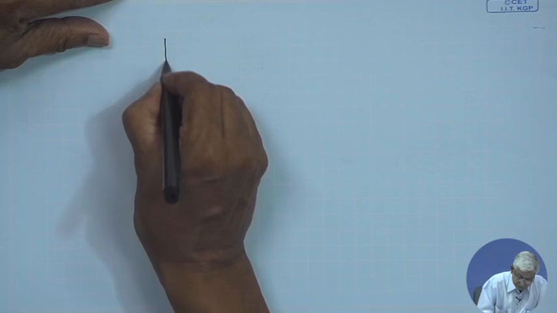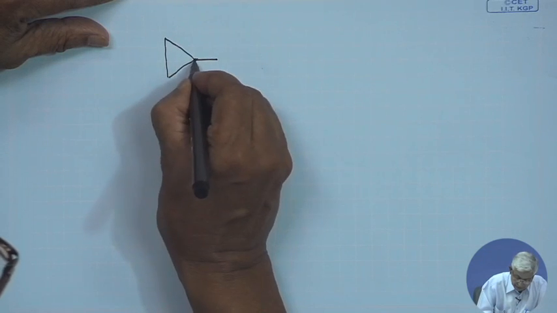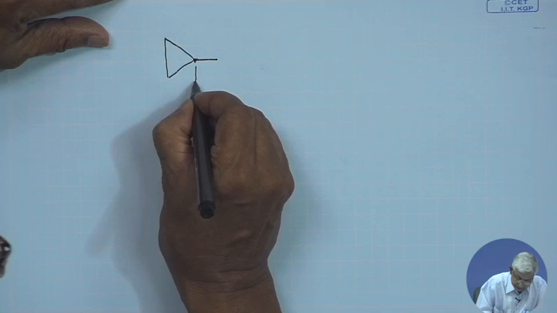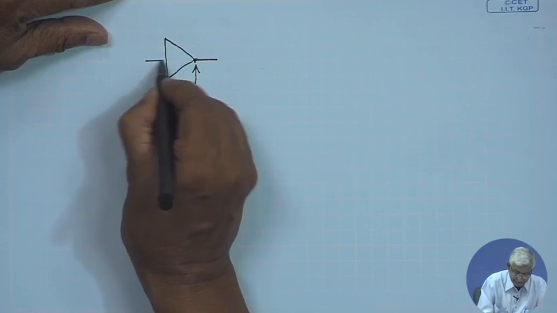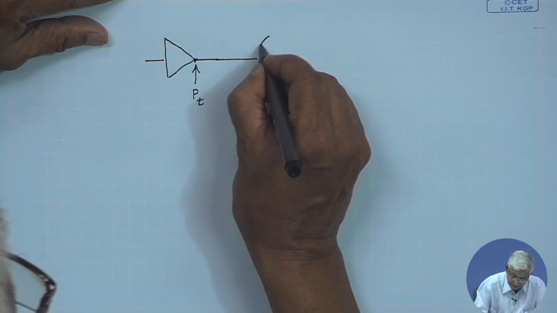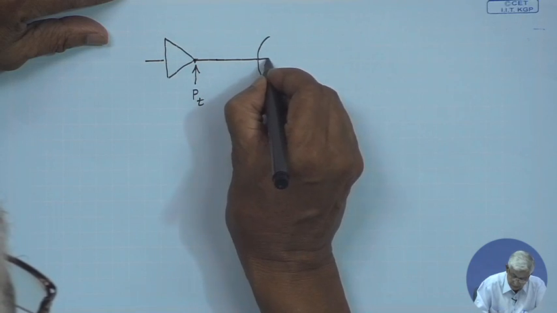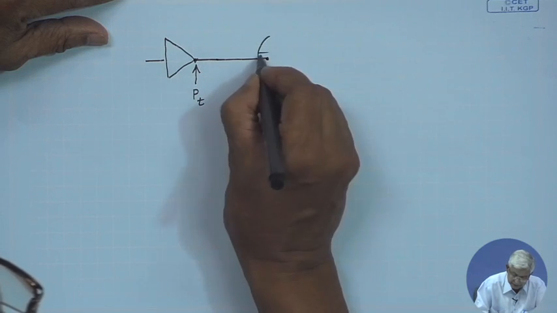So, let us see, is there any other type of loss? There is another thing, that is, we have assumed that the transmitter amplifier output at this point is P t, and then there is an antenna, and at the focus of the antenna the power is going and it is radiating.